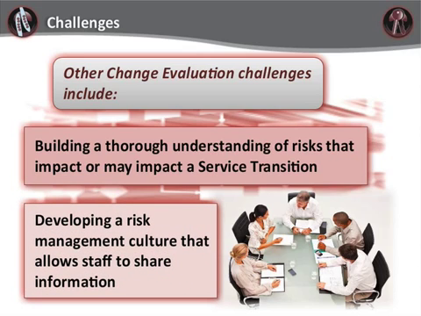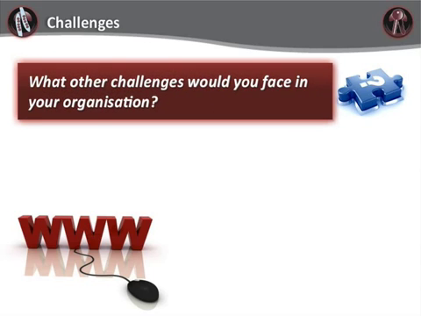Lastly, the development of a risk management culture can also be a challenge to evaluation. Staff may not share information about risk if they feel it will make them look incompetent or they will be blamed. Organizations need to work hard to develop a culture of knowledge and information sharing around risk. Can you think of any other challenges you'd face in your organization as you implemented the change evaluation process?